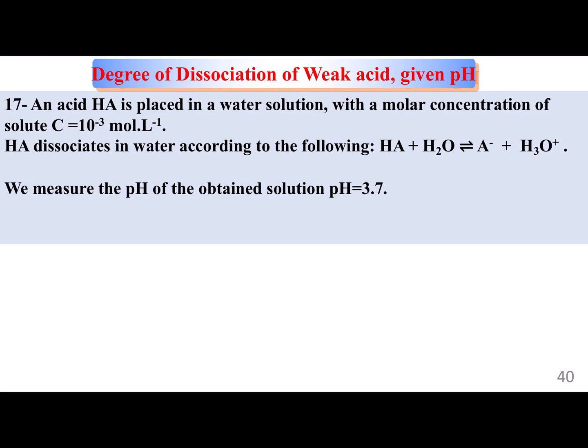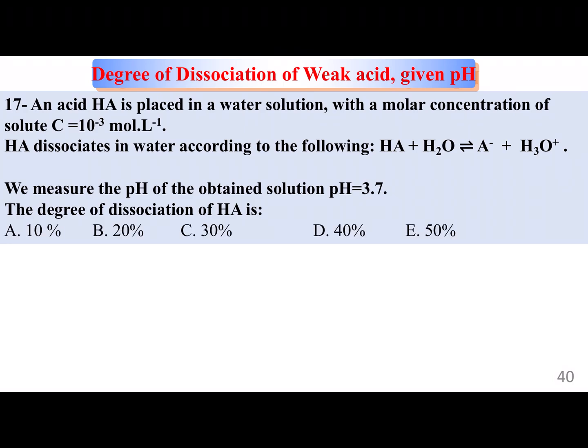We measure the pH of the obtained solution to be 3.7. Okay? So you're given the pH. The degree of dissociation is, in other words, alpha. When they ask you for the degree of dissociation, it's alpha or the percent ionization. If it's a ratio, you would see ratios here. And here it's in percent dissociation.